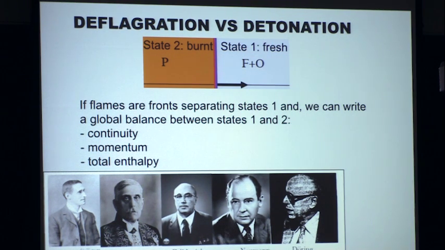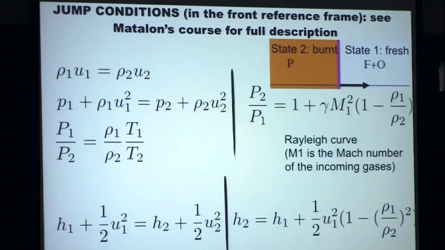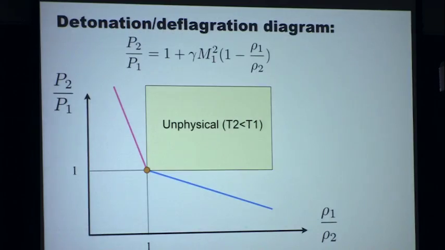To understand that, again, you come back to theory. Theory is fascinating for this thing. You can write it in a few pages. And Paul will do it probably tomorrow. You say here there's a state burnt, there's a state fresh, and you just write jump conditions between the two sides of this thing. And when you write jump conditions, you write continuity of the flux, you write continuity of momentum, and you use the state equation. You combine all of this, and you end up with a diagram which is quite famous for detonation versus deflagration.